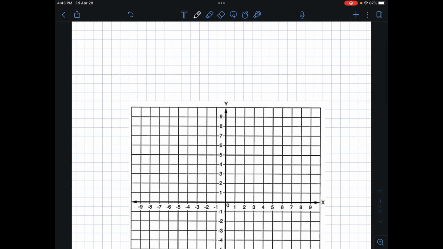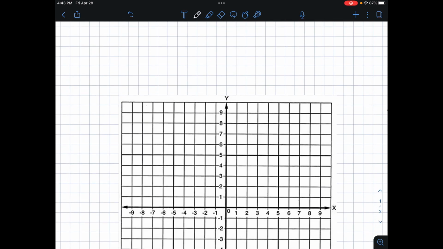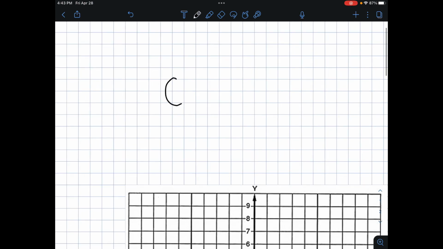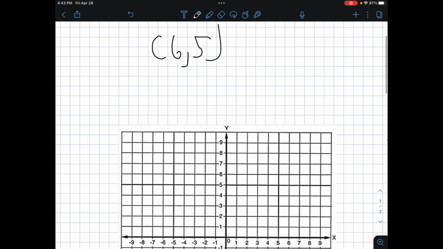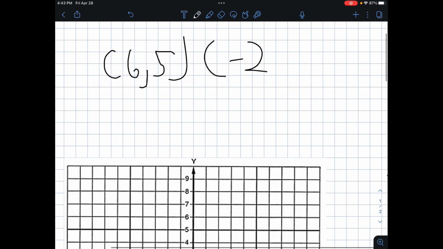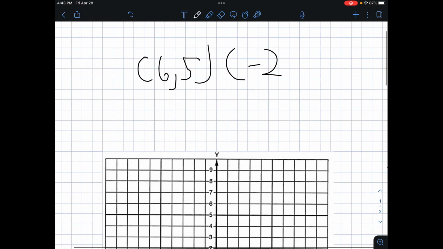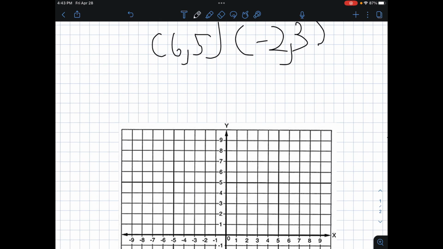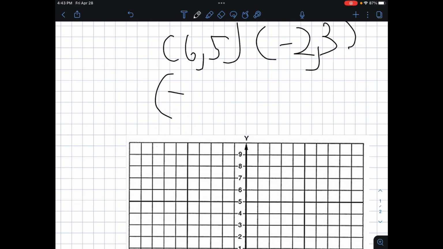If we're going to make a reflection on a different axis, say you have the points 6, 5, negative 2, 3, and lastly, negative 8, 7.